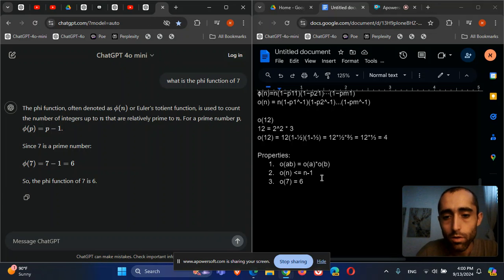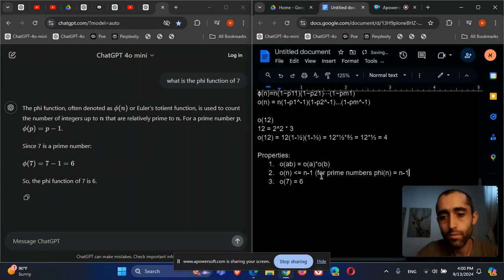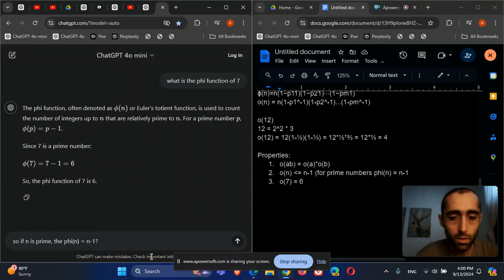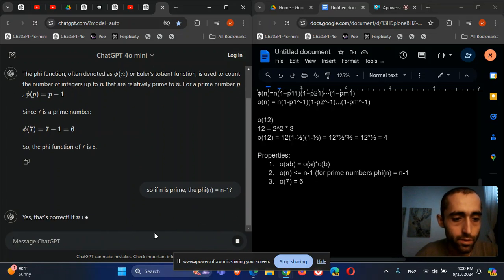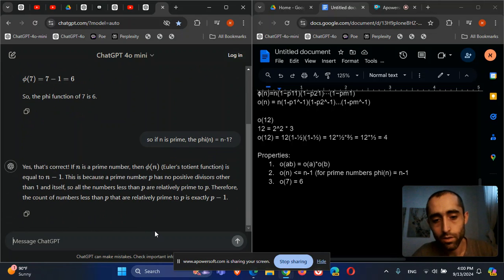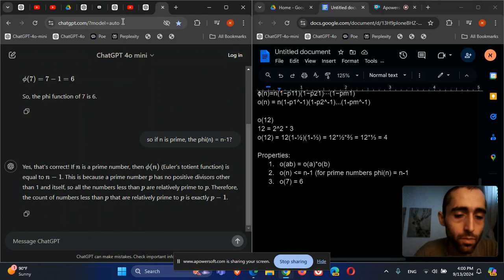So for prime numbers, maybe this is not written, but I can say that phi of n equals n minus 1. So if n is prime, phi of n equals n minus 1. Maybe this is a general rule that I can say. Yes, that's correct. So it's quite nice. Let's continue.